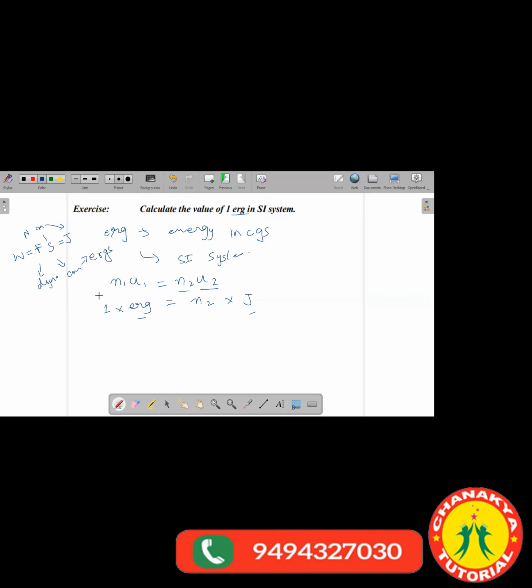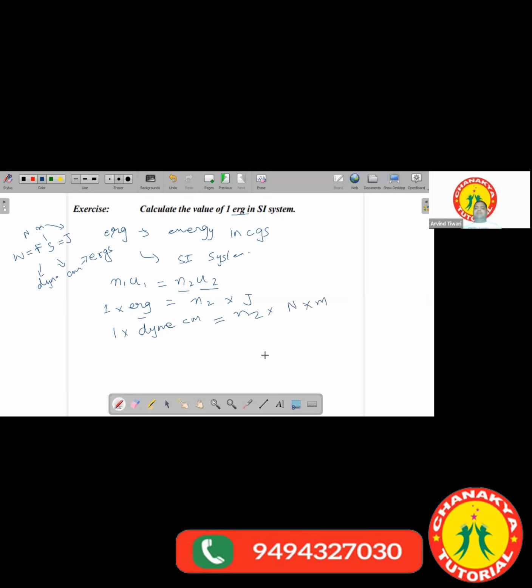So now I want to convert. I will write this erg as dyne centimeter. So 1 multiplied by dyne centimeter equals N2 multiplied by Joule, which can be written as Newton meter. Now, how many of you can perform this and tell me the answer? I am giving you 3 minutes.